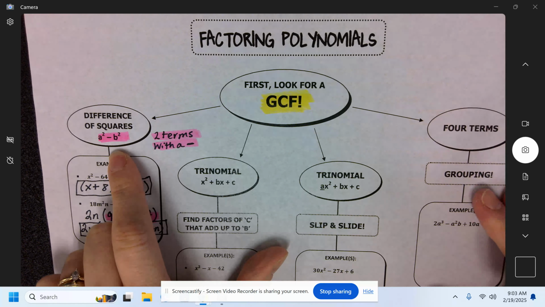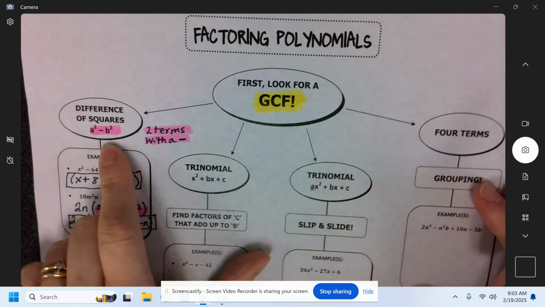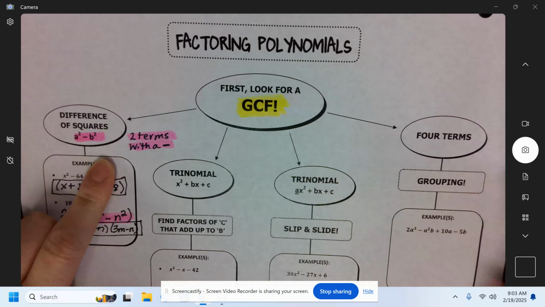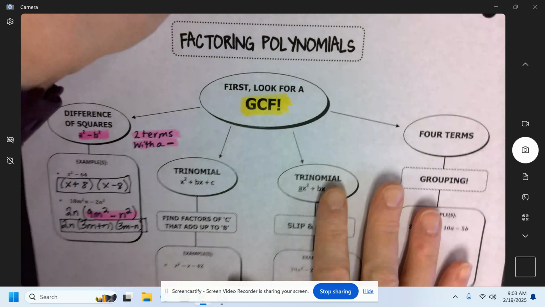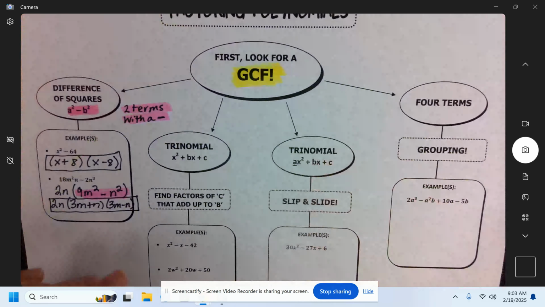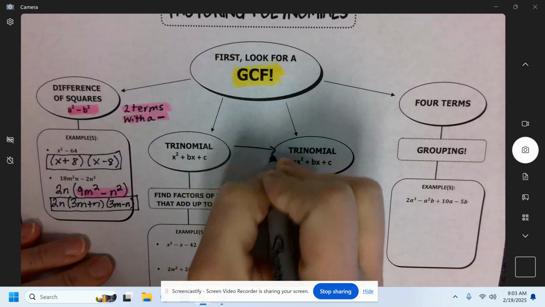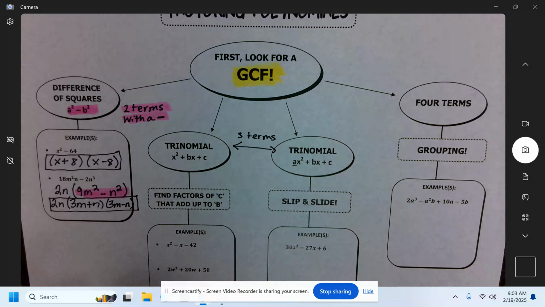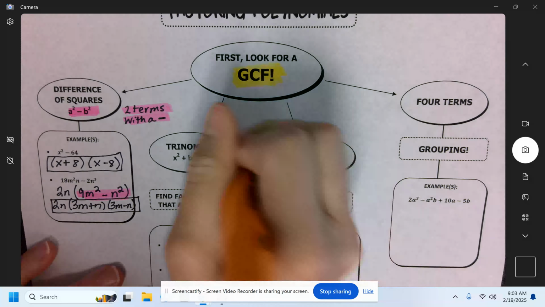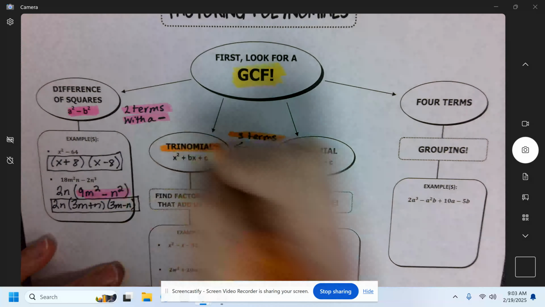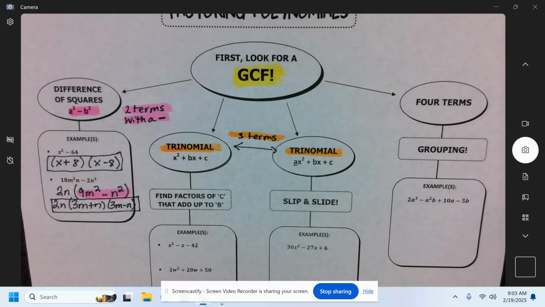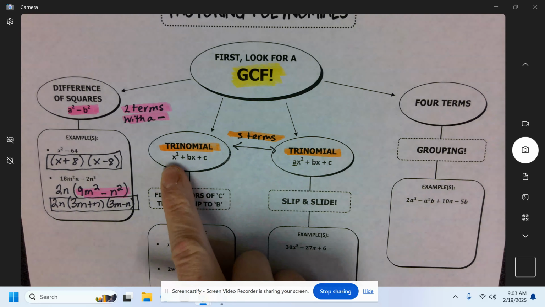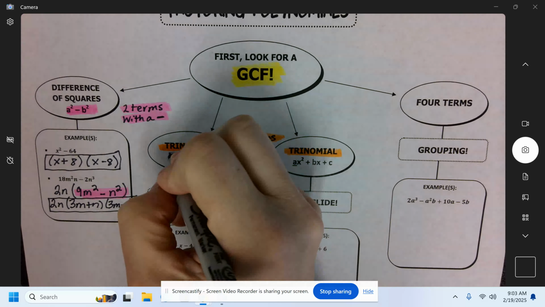Now, if it's more than two terms, so let's say that it is a trinomial. And of course, we know that a trinomial has three terms. So now we're looking at whether we have three terms. In one case, we're just saying that our coefficient here is 1.